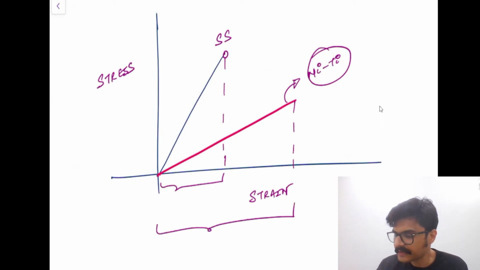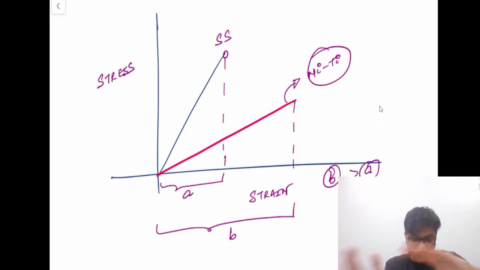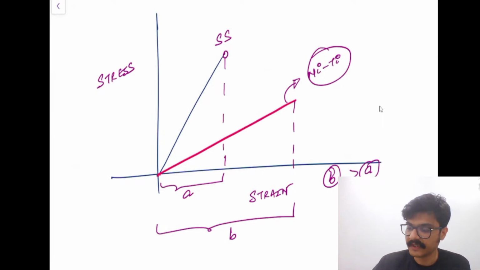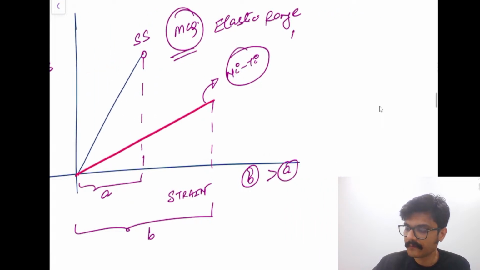So you can imagine this is much more. If this is B and this is A, B is much more than A, right? So whenever you have a material of greater resilience, which implies lesser stiffness or modulus of elasticity, the elastic range will be higher for that material. So the very important applied MCQ that comes here is that the elastic range of nickel titanium is greater than the elastic range of stainless steel.